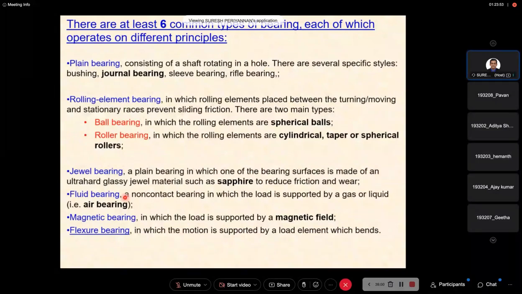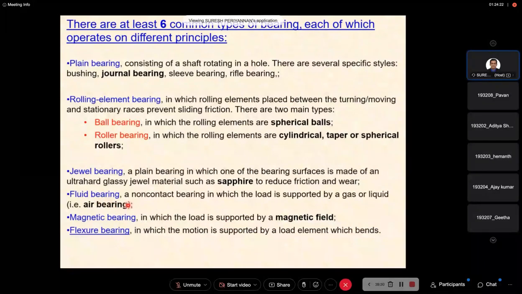Fluid bearing is a non-contact bearing in which the load is supported by a gas or liquid, for example an air bearing. I will show you one video, a nice video I have seen on YouTube, so you can understand the fluid bearing and magnetic bearing. At the end of the class, we will see that. In the magnetic bearing, the load is supported by the magnetic field.